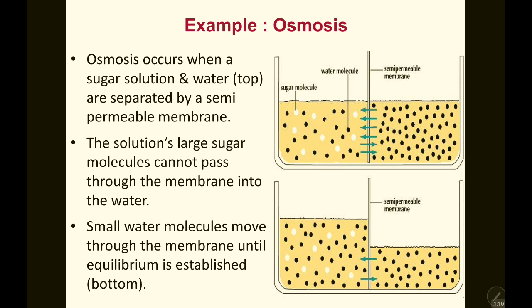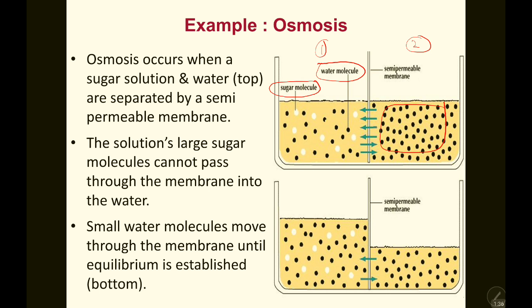So osmosis, for example here, you have two regions, region 1 and region 2. You can see in this diagram, region 1 has fewer water molecules, the black dots being water molecules, and more sugar molecules, while region 2 has all water molecules.